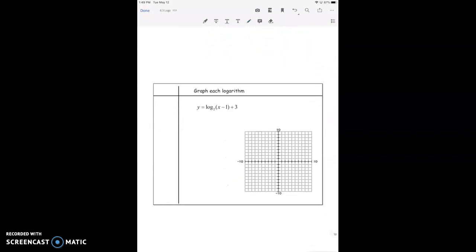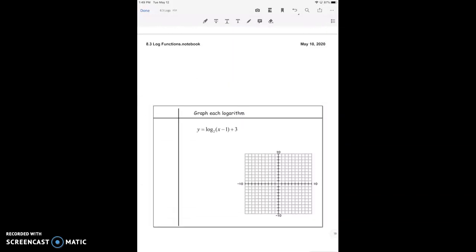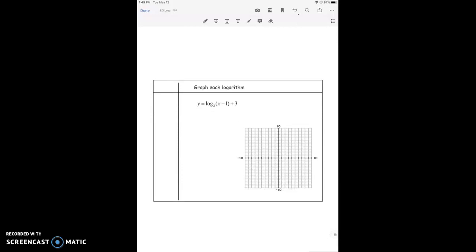When you get a double shift, such as this one, there's 2 left, and hopefully we can knock these out. When you get a double shift, you have to pay attention to both of them. First thing, again, identify your asymptote, opposite of h. So it's +1. So here's my asymptote. Then I'm going to realize that I have a right shift of 1, and I have an up shift of 3.